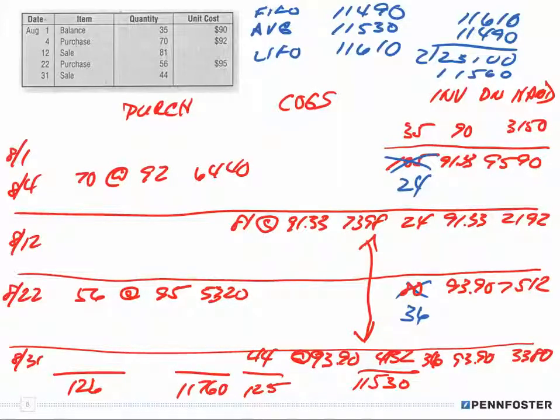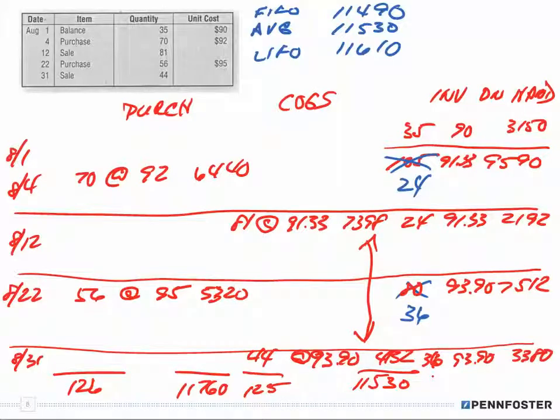You can't just take an average of FIFO and LIFO and get the midpoint between the two. That doesn't work. You actually have to do all of the math and come out with the correct cost of goods sold. Right. But realize that average is generally going to be someplace in between the two.